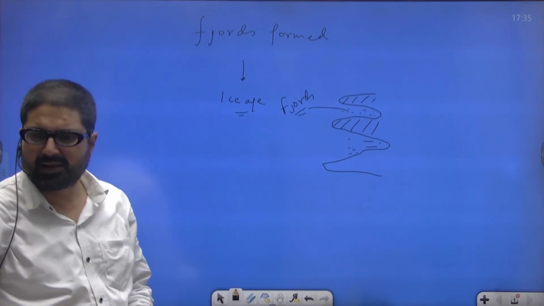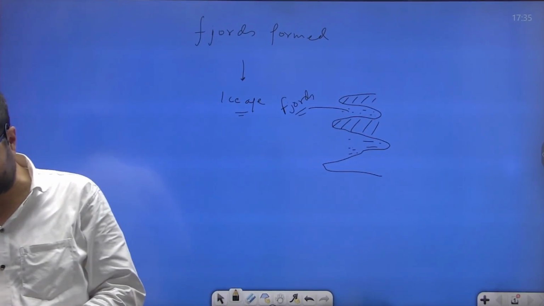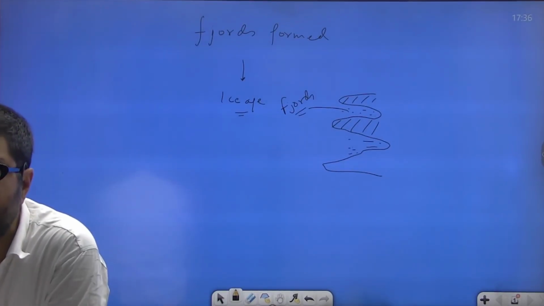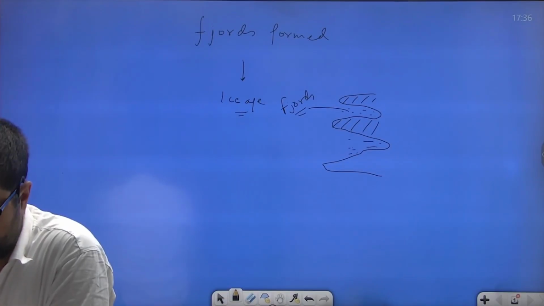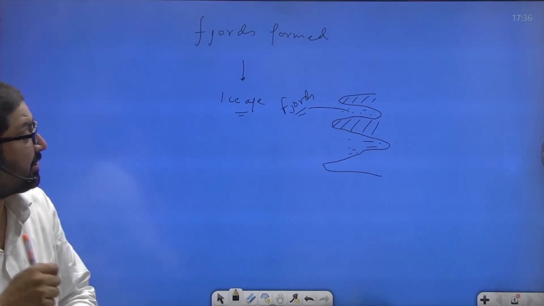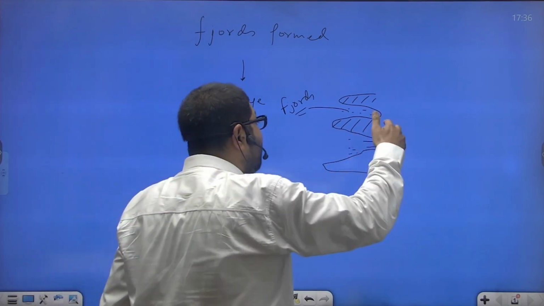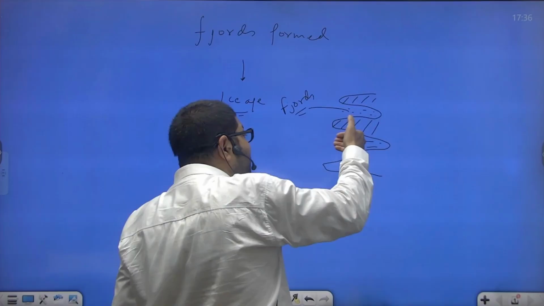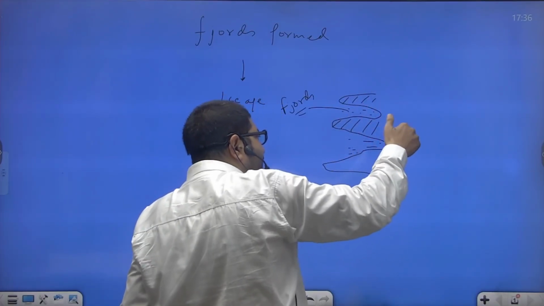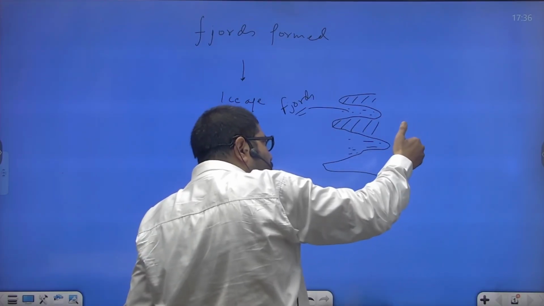So, simply stated, fjords are formed during the ice age by glacial erosion. Fjords mark the path of glaciers that plunged from the adjoining highlands into the sea. Because highland was there, the glaciers used to descend, and while descending, they used to erode their valleys.